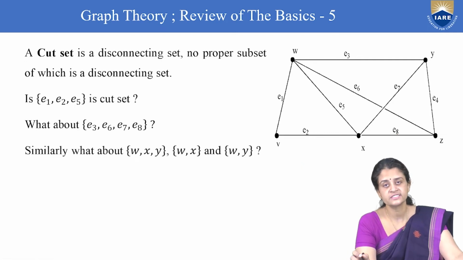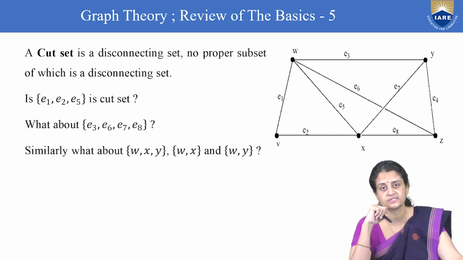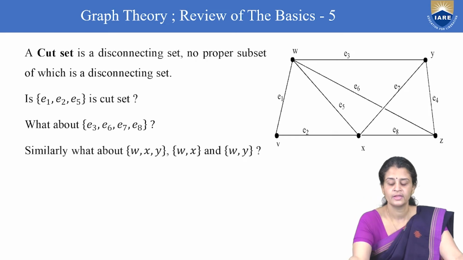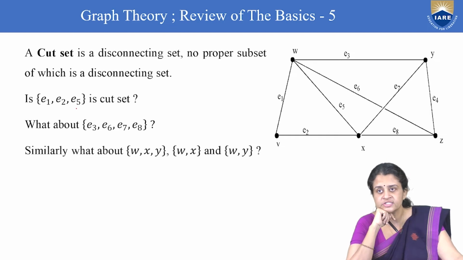A cut set is a disconnecting set. Now what we are going to define: what is a cut set? A cut set is a disconnecting set, no proper subset of which is a disconnecting set. That is a minimal disconnecting set. Okay? Here, what about E1, E2, E5? Is it a minimal disconnecting set?